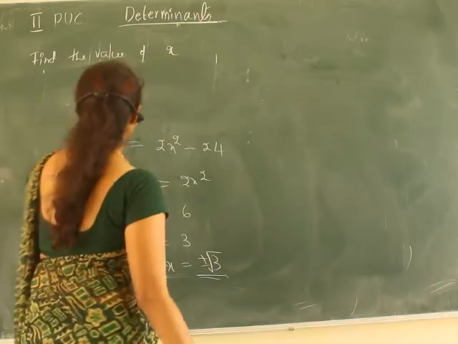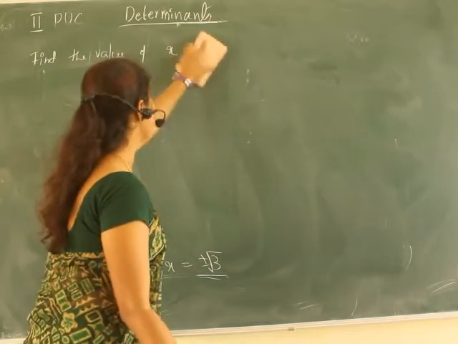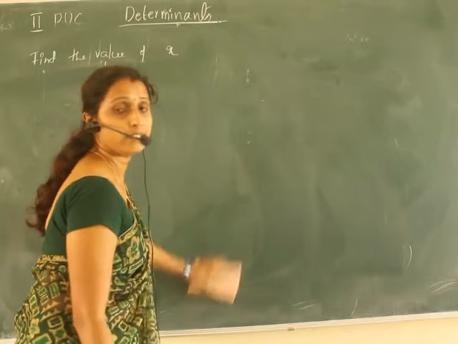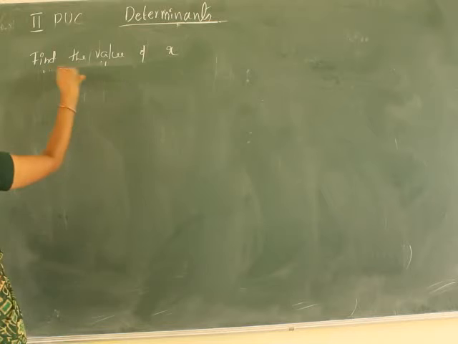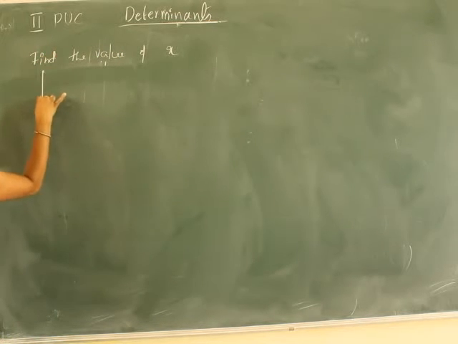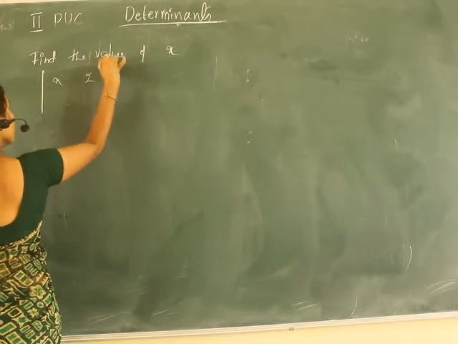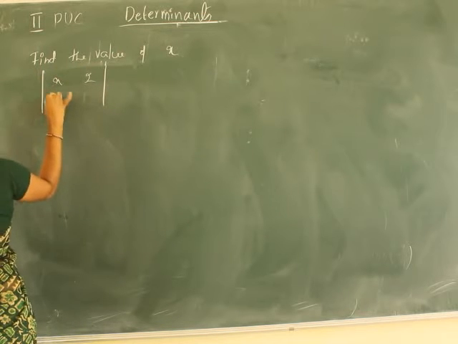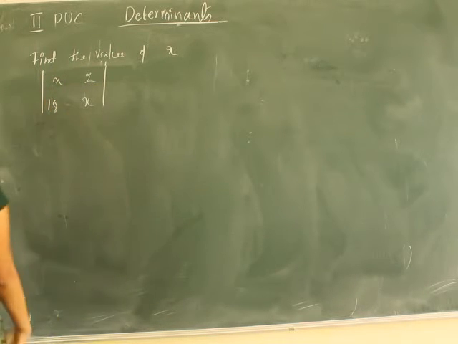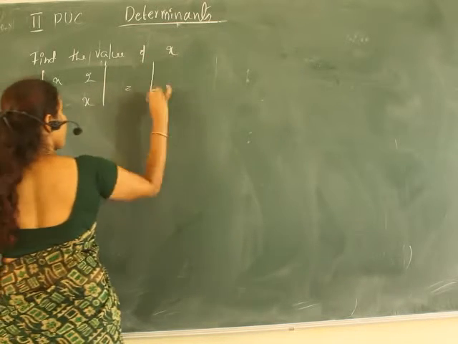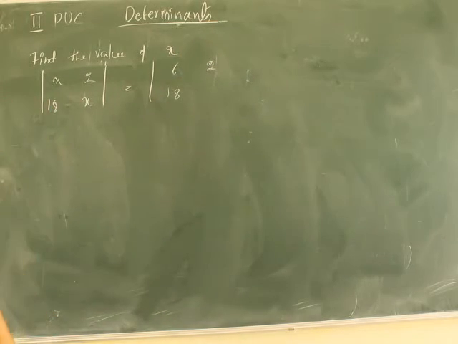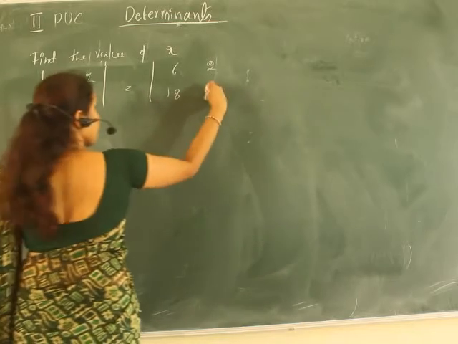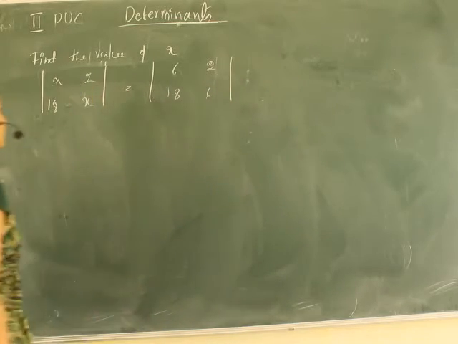Same kind of problem. Here we are equating two determinants, and we are finding the value of x. Next, the question will be the determinant of x 2, 18 x equal to the determinant of 6 2, 18 6.